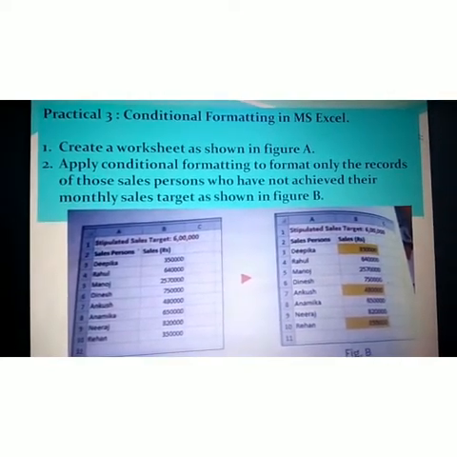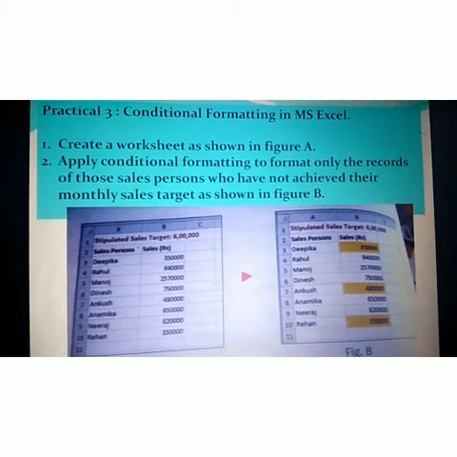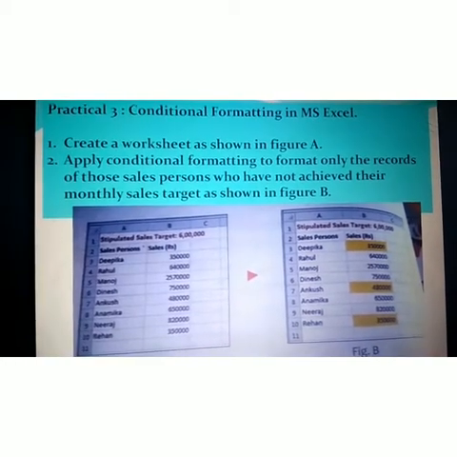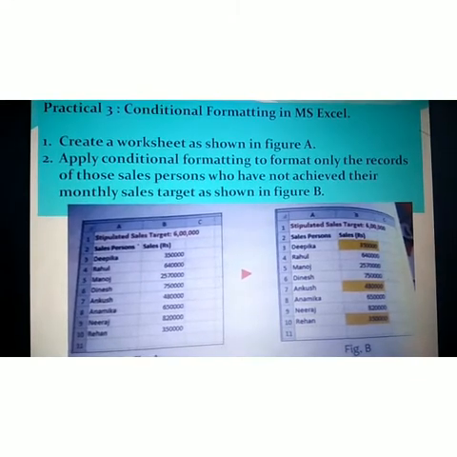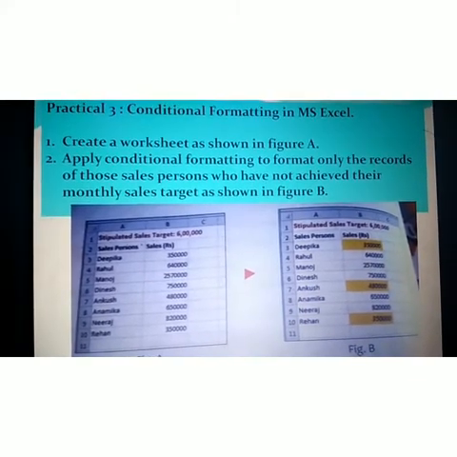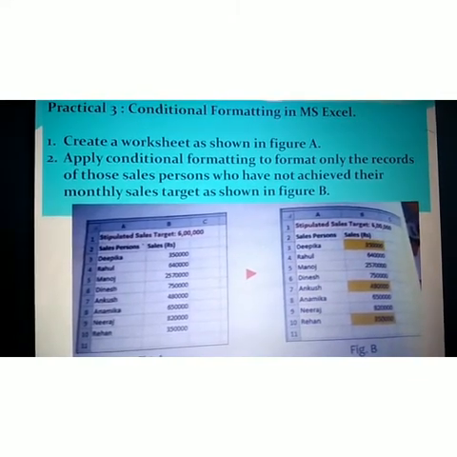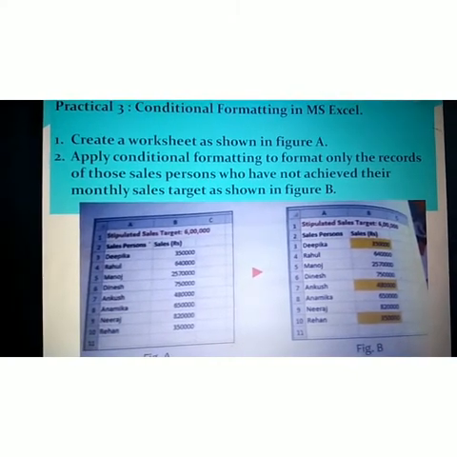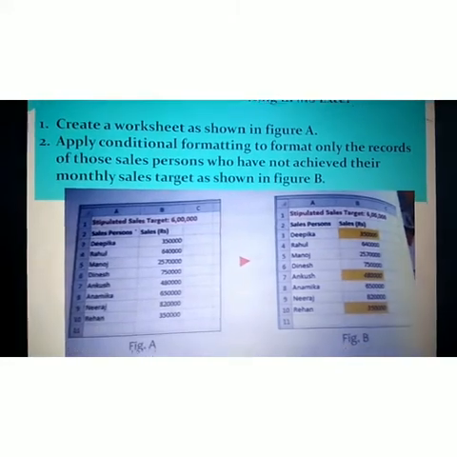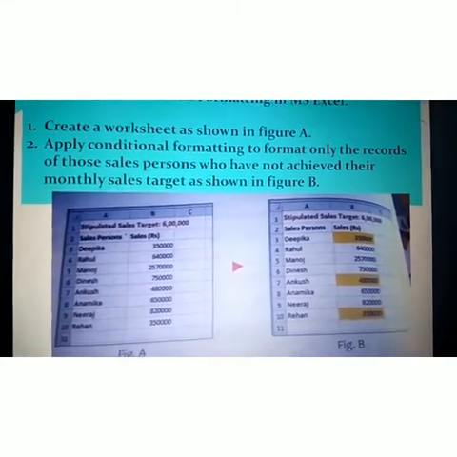So we create a worksheet as shown in figure A, the same as it is, and apply conditional formatting to only those records of salespersons who have not achieved their monthly sales target, as shown in figure B. We can compare with this type of table.